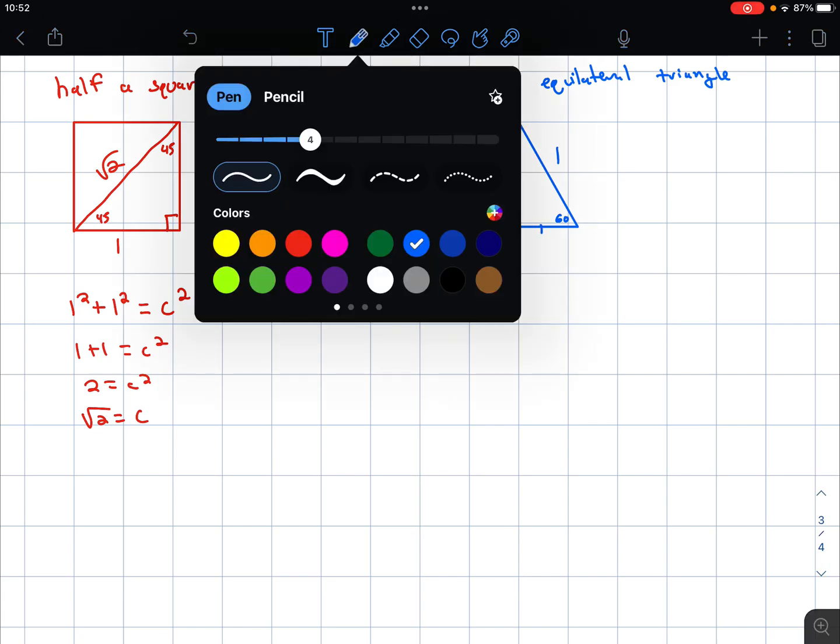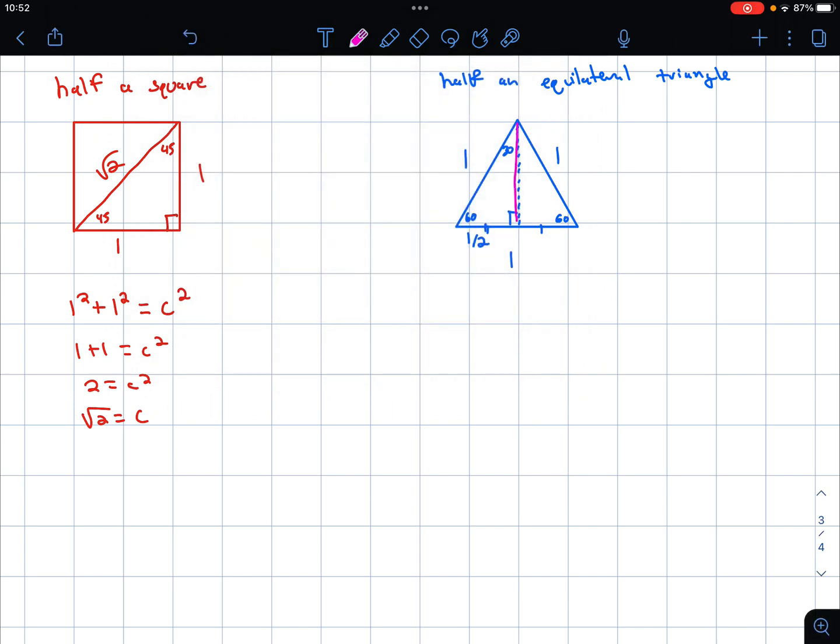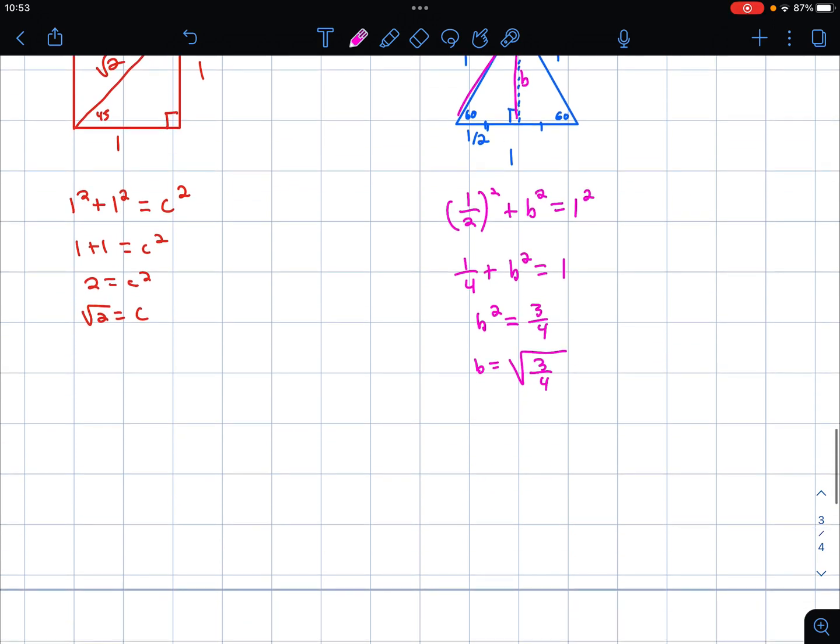And so to find the height here, I can use Pythag also. I can do 1/2 squared plus, we'll call it b squared equals 1 squared, the hypotenuse. 1/4 plus b squared equals 1. B squared is going to be equal to 3/4. B will be the square root of 3/4.